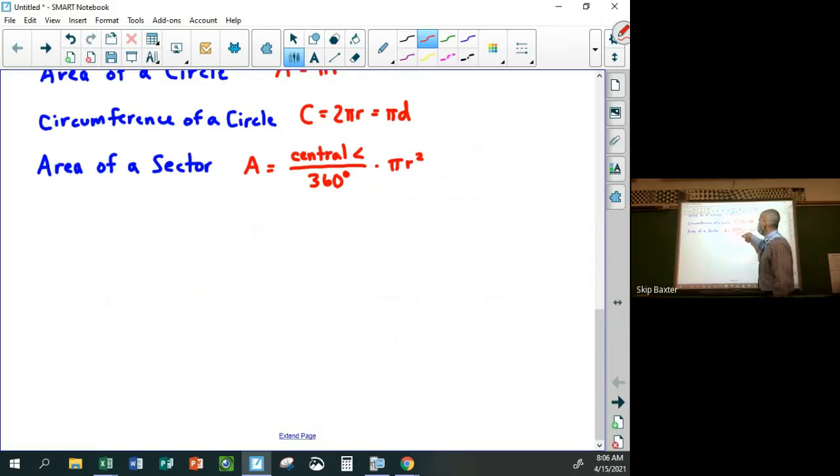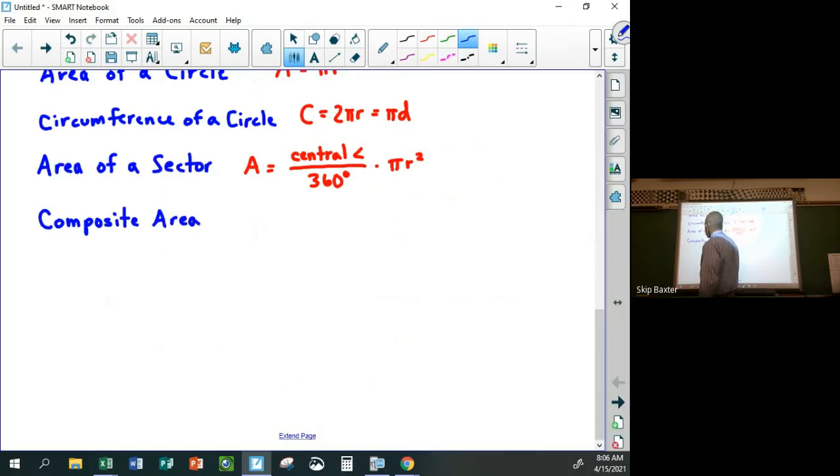The fraction of the entire circle that you're including would be central angle divided by 360. Okay? And then the final topic was just composite areas. So these are not basic areas, but you can calculate their areas by adding or subtracting basic areas. An example was the area enclosed by the track. That's really just a rectangle with 2 semicircles or something like that.